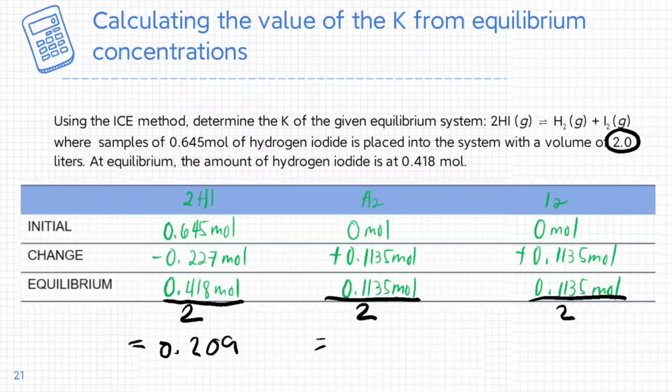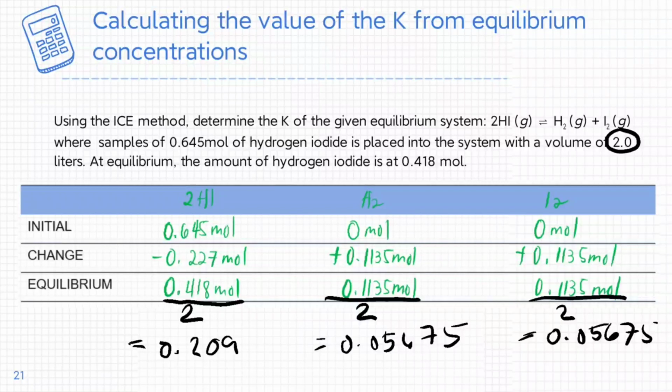Dito naman ay 0.05675 and pareho lang. Okay. The next step, yung last step, would be compute for your equilibrium constant.